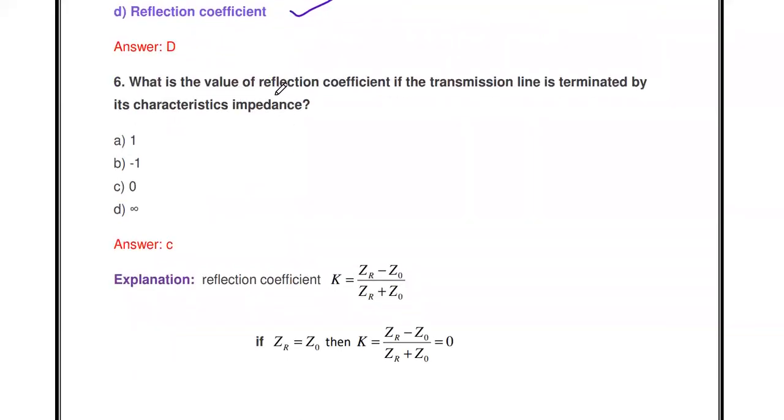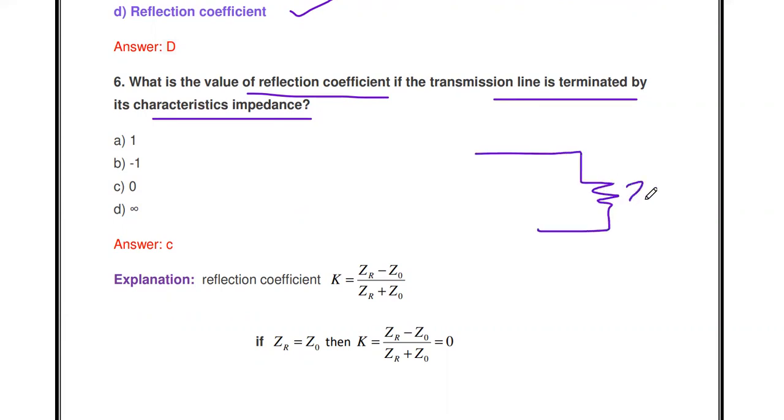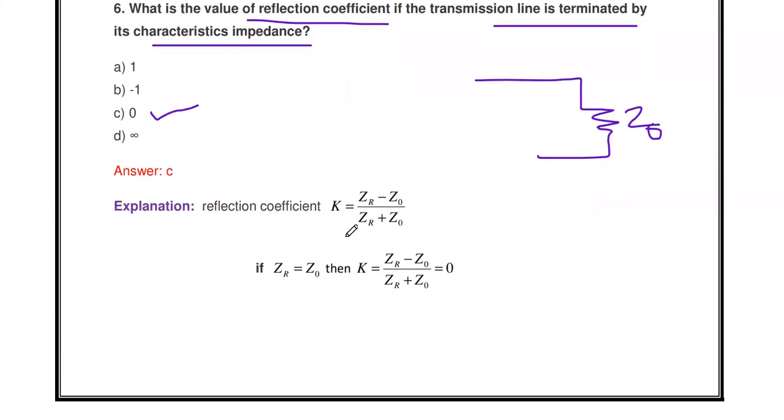Then what is the value of the reflection coefficient if the transmission line is terminated by its characteristic impedance? If the transmission line is terminated by the characteristic impedance Z0, the reflection coefficient value is 0. Look at the formula.